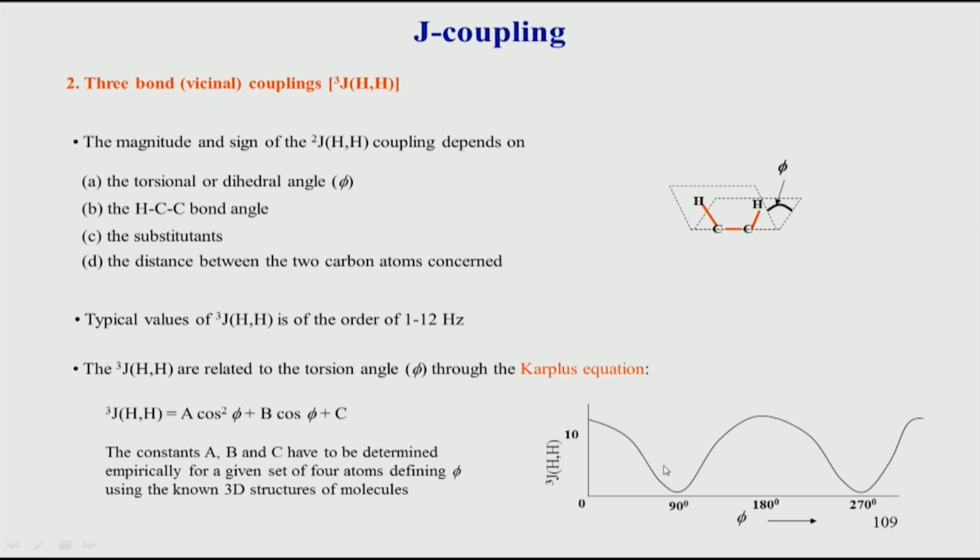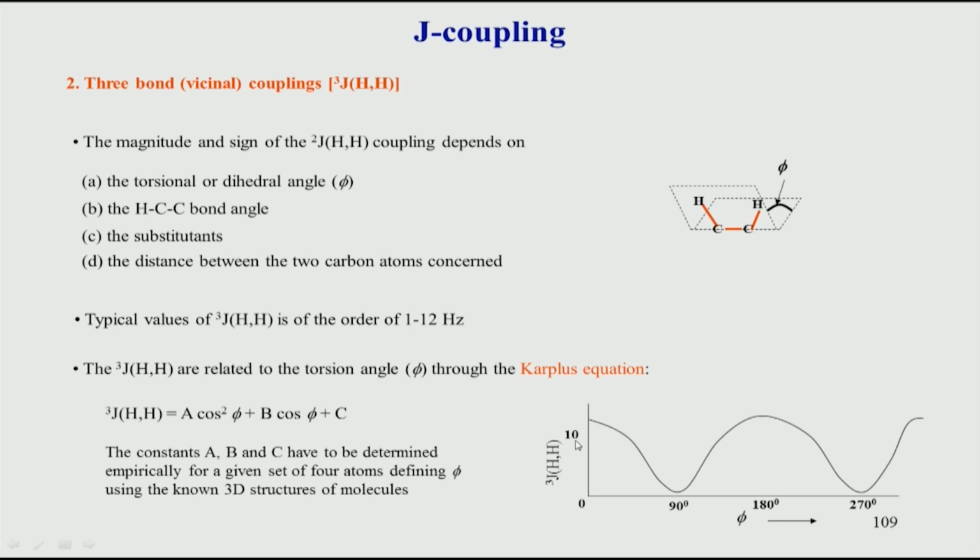So, you can see from this equation one thing is, if I know the torsion angle, it does not give me the J value uniquely, because there is a quadratic equation. A quadratic equation will always have two solutions for phi. So, if I know the J value from experiment, it does not mean that I can calculate uniquely the phi value, because this is a quadratic in phi, the angle phi, and therefore, it will have two solutions.